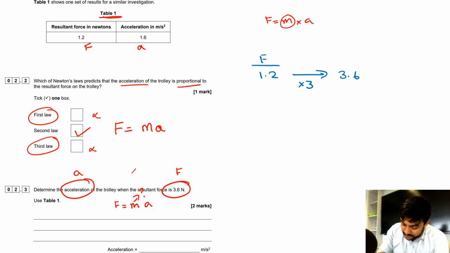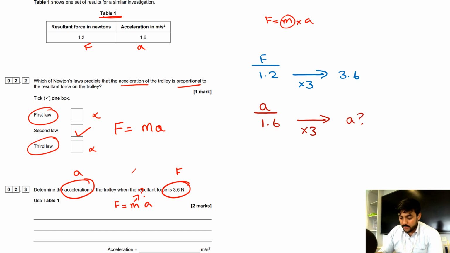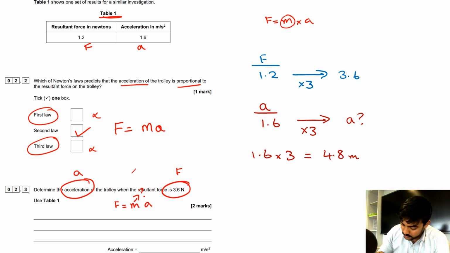That means if acceleration is proportional in the same way, in table 1, it is 1.6. In question 2.3, for our answer, we also have to times it by 3. 1.6 times by 3 is equal to 4.8 meters per second squared. That's one way of doing it.